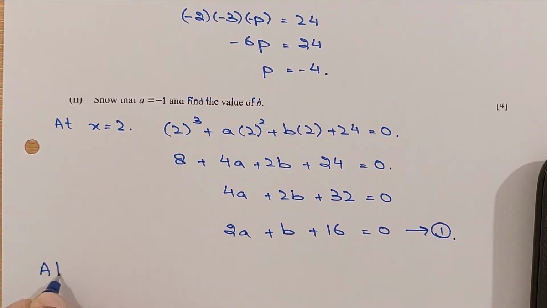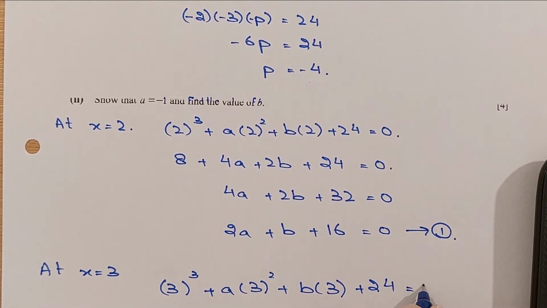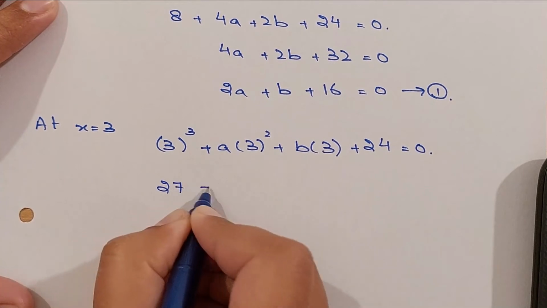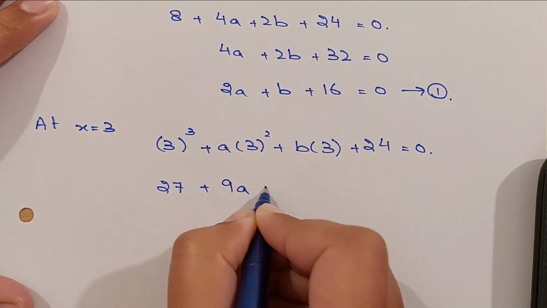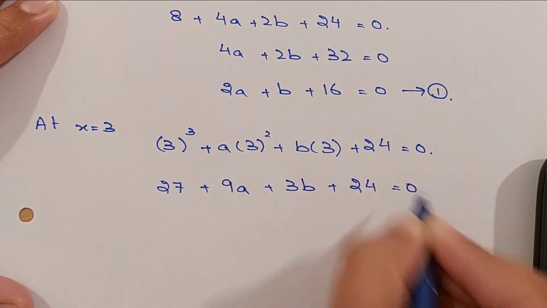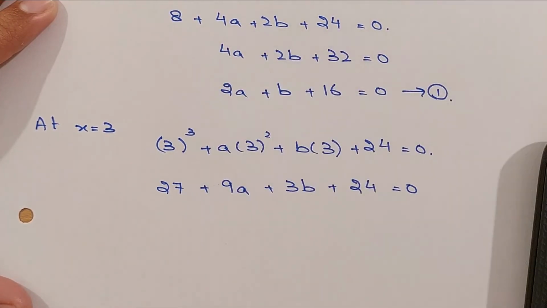Now x equals 3 is a root. At x equals 3, we have 3 cube plus a times 3 square plus b times 3 plus 24 equals 0, right? So 3 cube is 27 plus 9a plus 3b plus 24 equals 0, right? 24 plus 27 is 51.